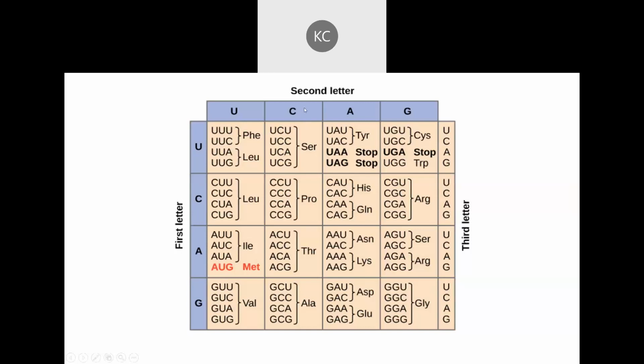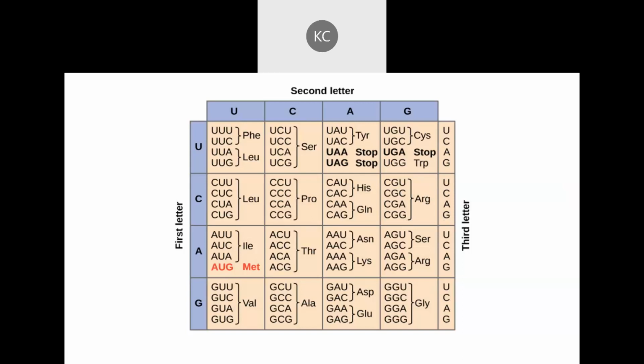The one up at the top is the second letter. And when you go into the box where the two overlap, you have various options for the third letter. You can see the third letters over here. The top row is U, the second row is C, the third is A, and the last one is G.